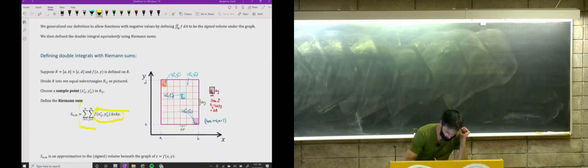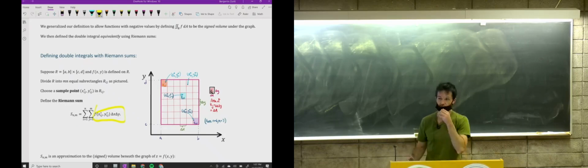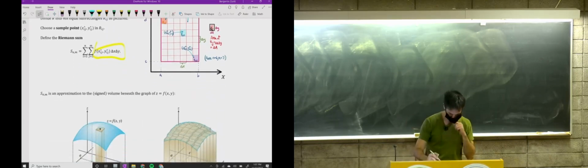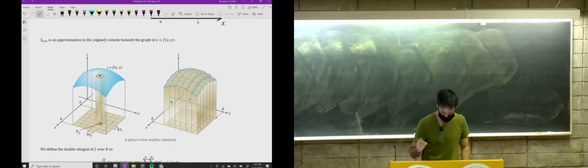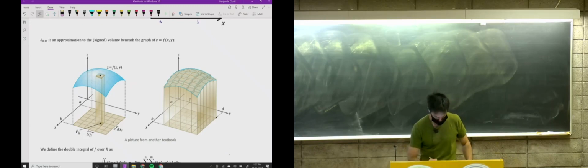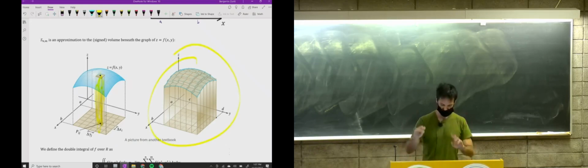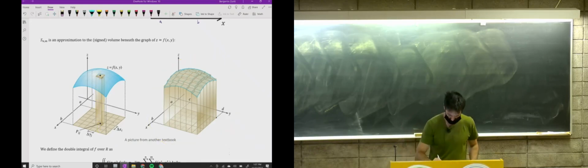It's a sum over all the subrectangles, and it's a sum of terms which are each the volume of a rectangular box. And here's a good picture, which I didn't show last time because I had to look around in a few textbooks to find it. But here's a good picture for what the Riemann sum represents. It's a sum of the volumes of a bunch of boxes like this one. And altogether, they approximate the true volume underneath the surface.